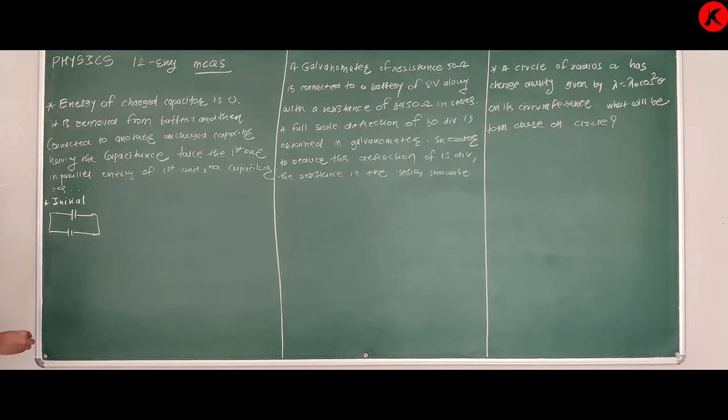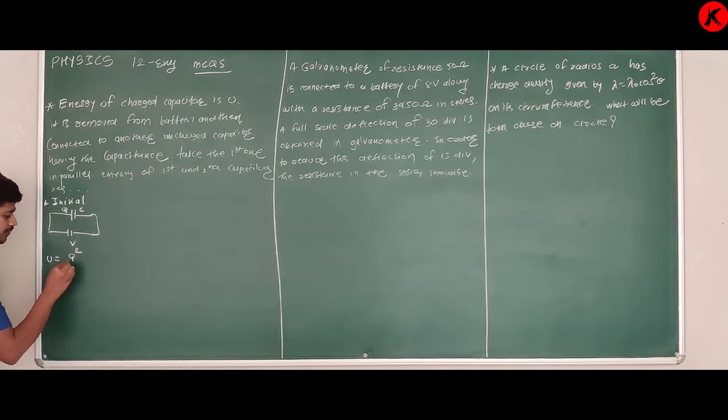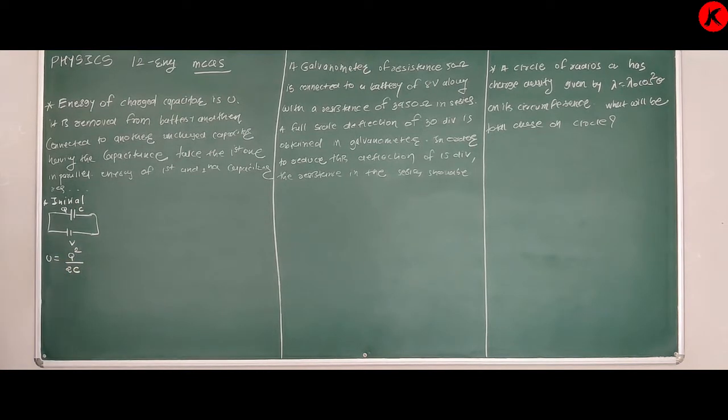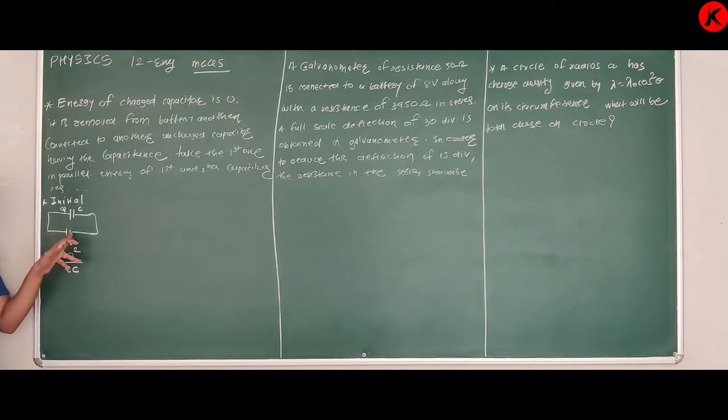Let the capacitance of that capacitor be C and the voltage V. Due to the supply battery, the charge on the capacitor is Q. So the energy of the capacitor is U equal to Q square upon 2C.